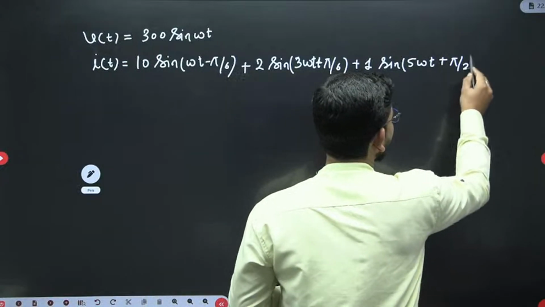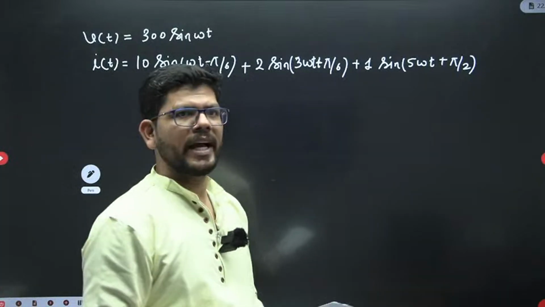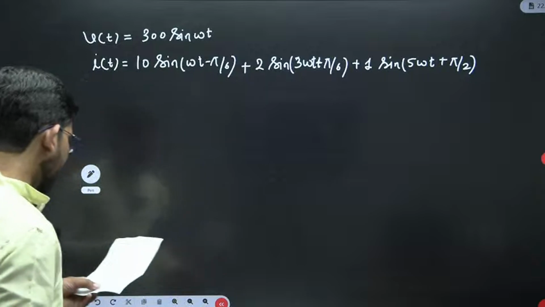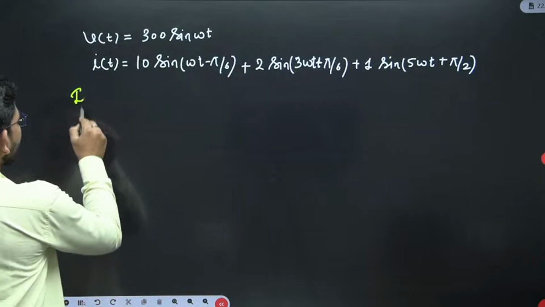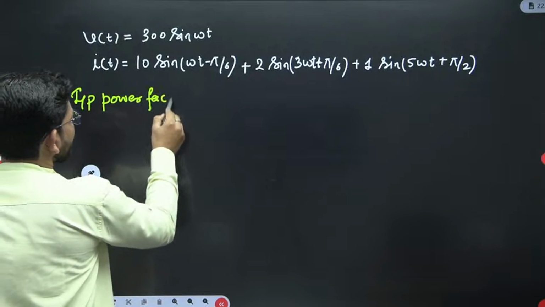This was the current given. So we have a sinusoidal voltage and a non-sinusoidal current. Now what we have to calculate here is the input power factor.